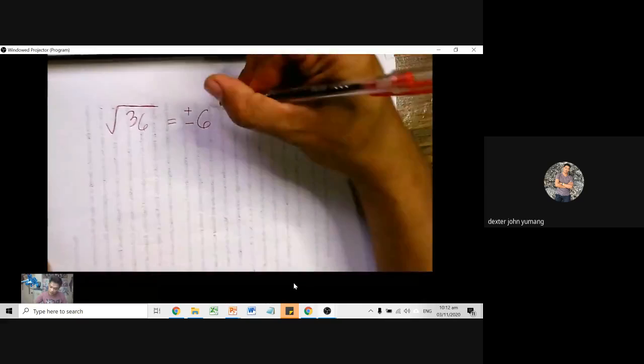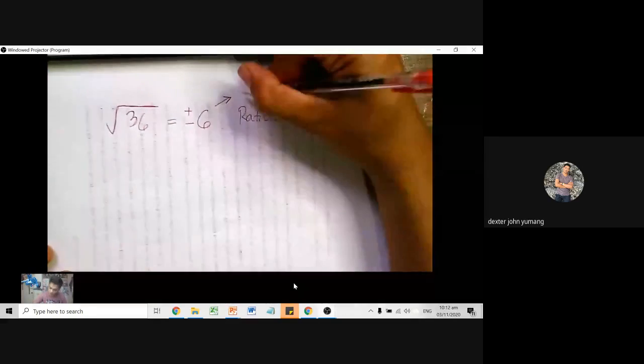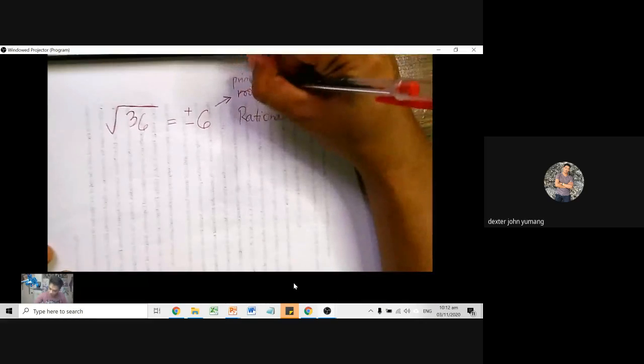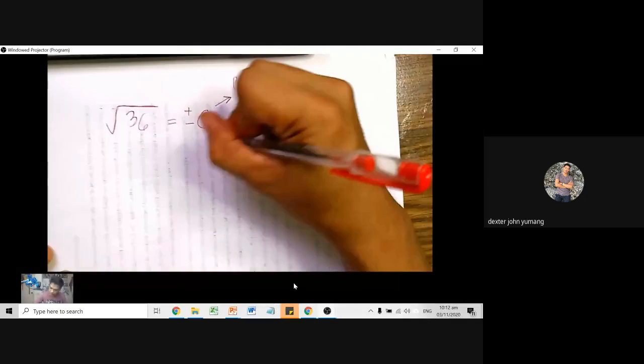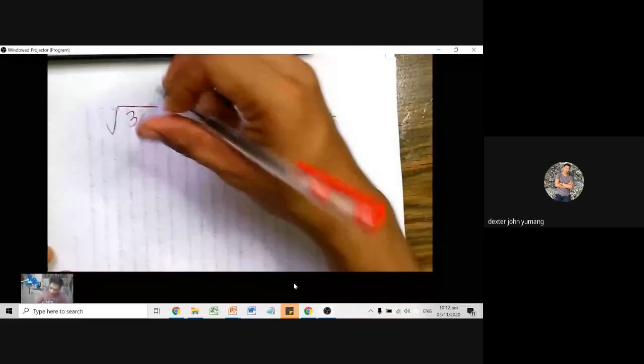Okay. This is what you call the root or the principal root. And 36 is also a perfect square.